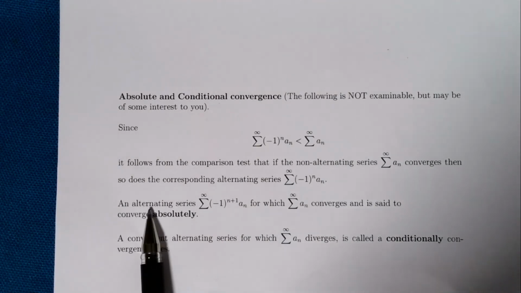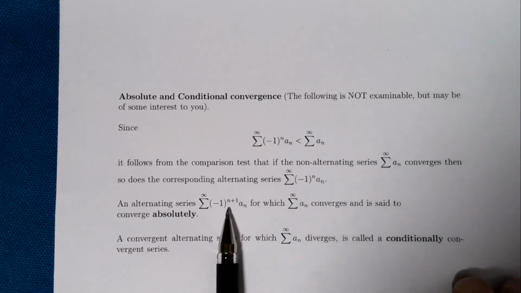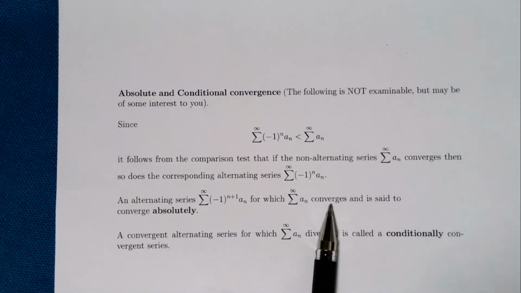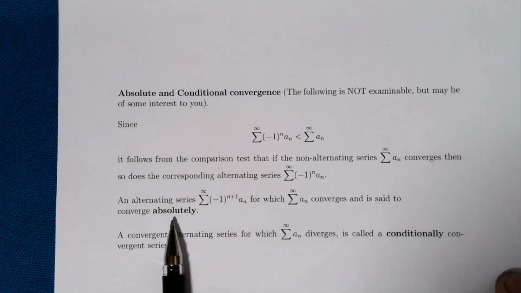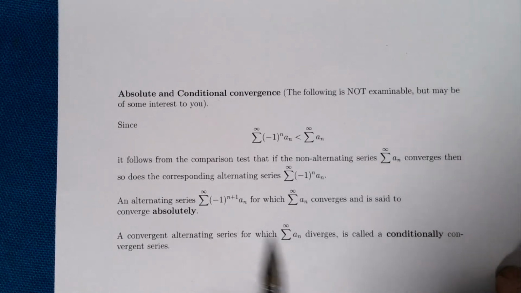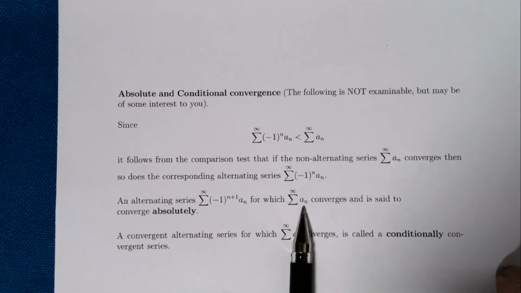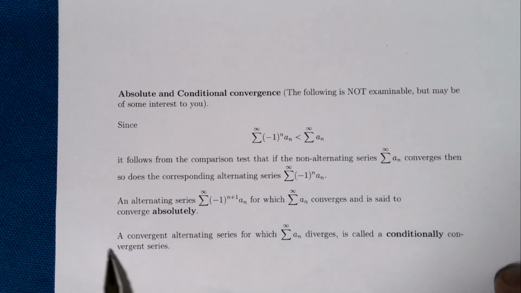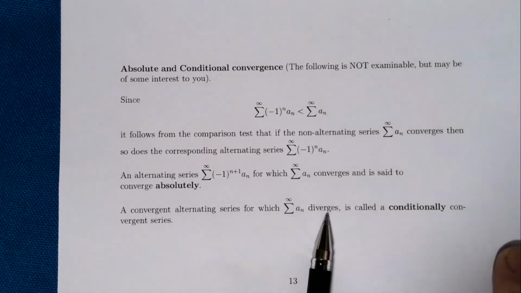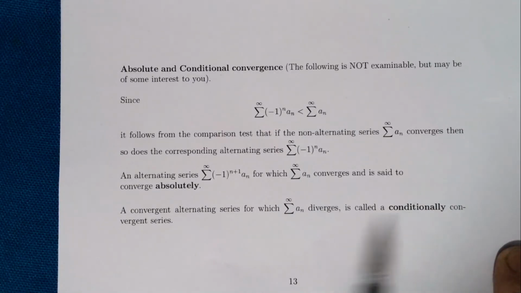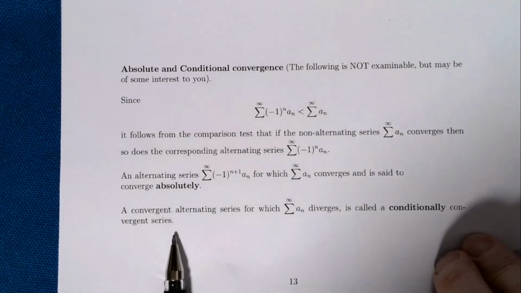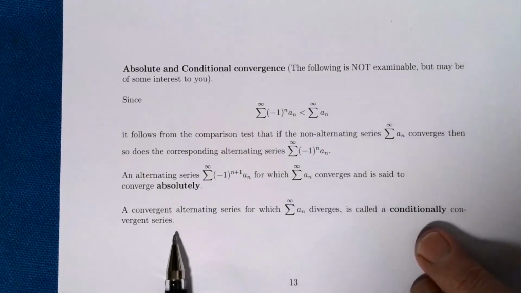An alternating series for which the corresponding non-alternating series converges is said to converge absolutely. A convergent alternating series for which sigma a_n diverges is called a conditionally convergent series. And I'll show you in a second what I mean by using this word convergent. Conditionally convergent.